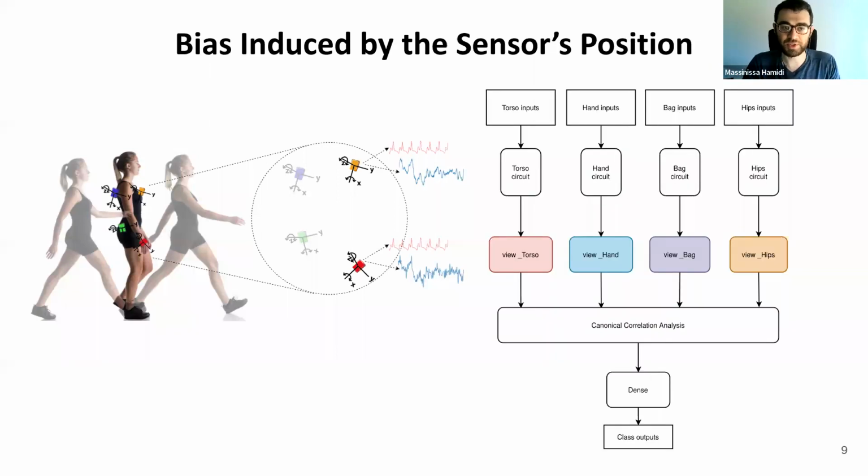What we have seen here is a circuit that only processes data from a single position, a hand, as we saw, but the principle can be extended to data from the other positions, so the torso, back, and hips. The difference here is that we add a fusion layer based, for example, on the concatenation of the learned representations specific to each position.